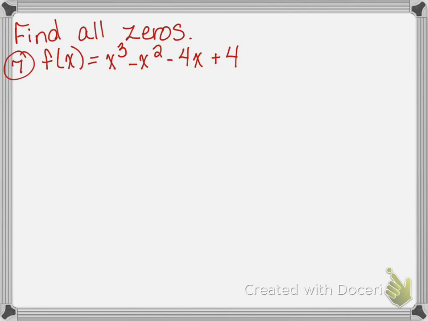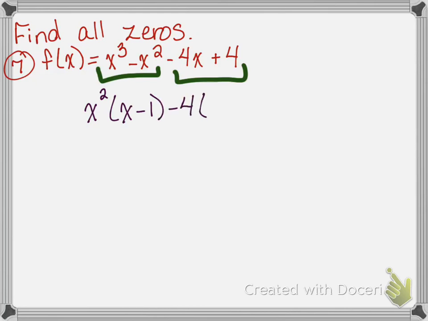So this particular problem right here, we can factor this by grouping. So I am going to just start by looking at these 2 parts of the equation. And I can take an x squared out of both of my first 2 terms, and I'm left with x minus 1. Then I can take a negative 4 out of the second 2 terms, and I'm left with x minus 1.